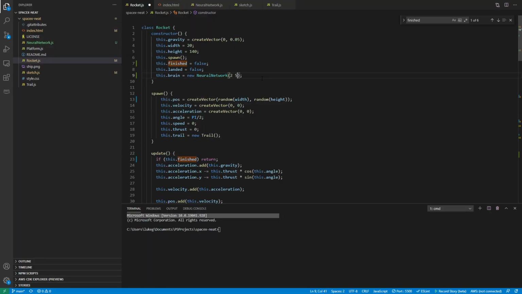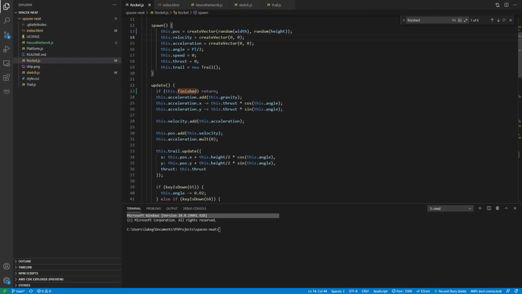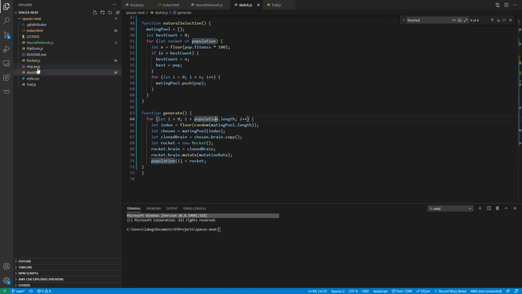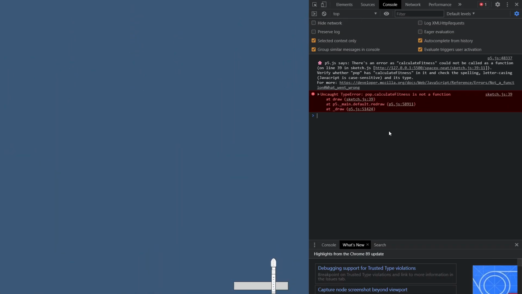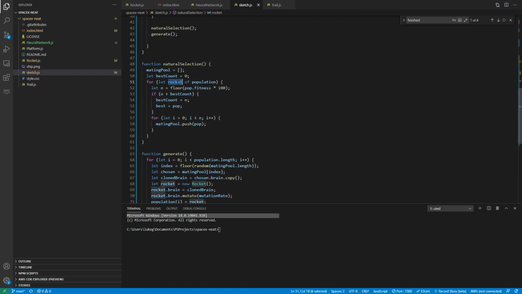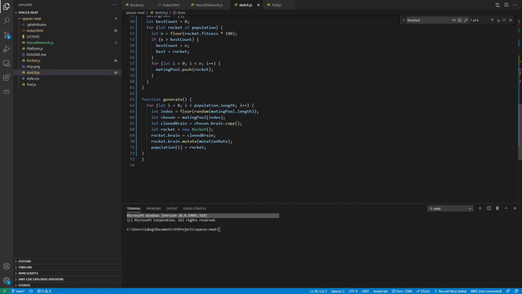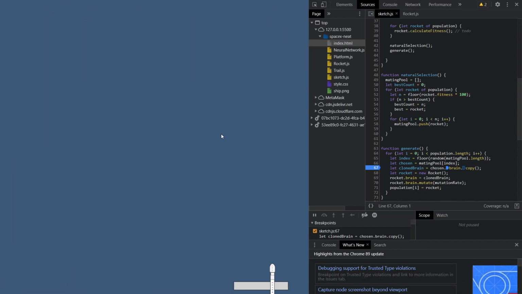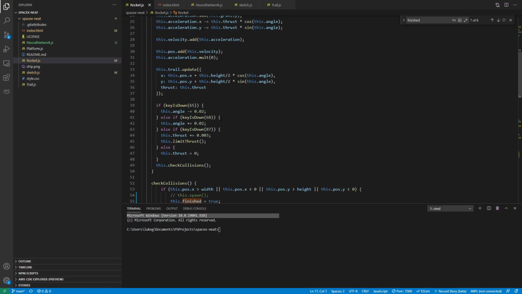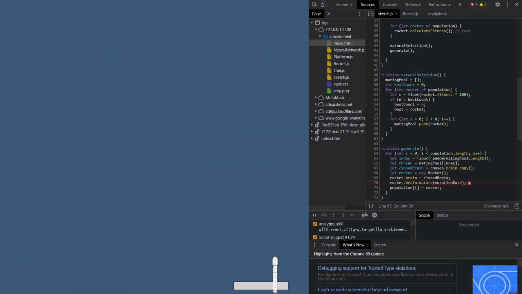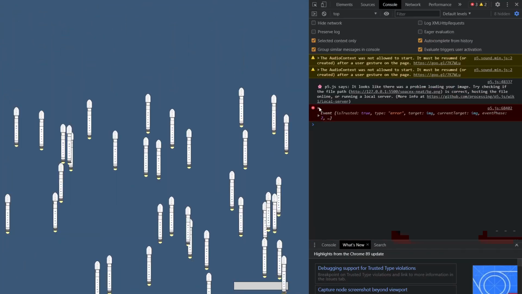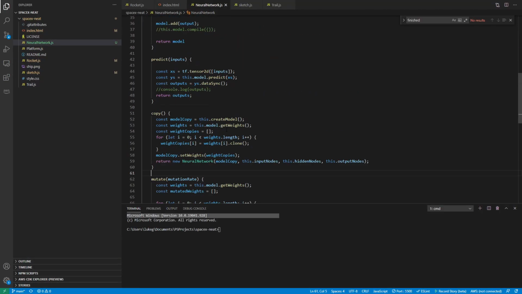Next I need to create the neural evolution algorithm, which is basically just a mashup of neural networks and a genetic algorithm. So the rockets that do the best, i.e. the ones that are closest to landing, are more likely to pass on their genetic material to the next generation. So theoretically, the rockets should get closer to landing as the generations go by.